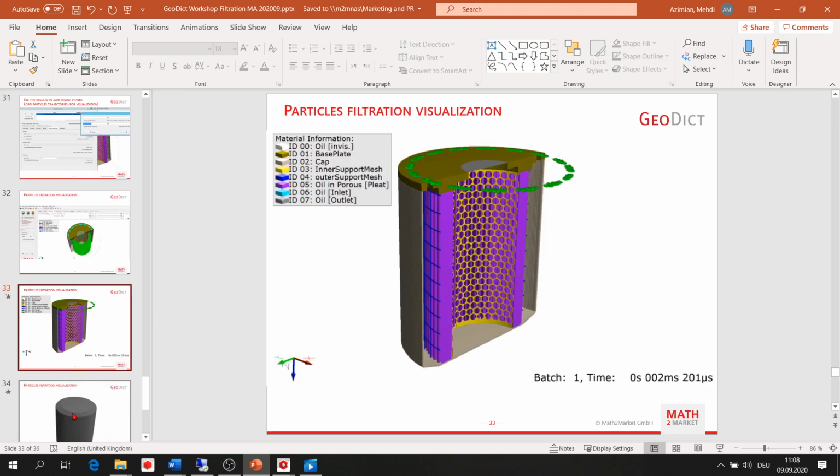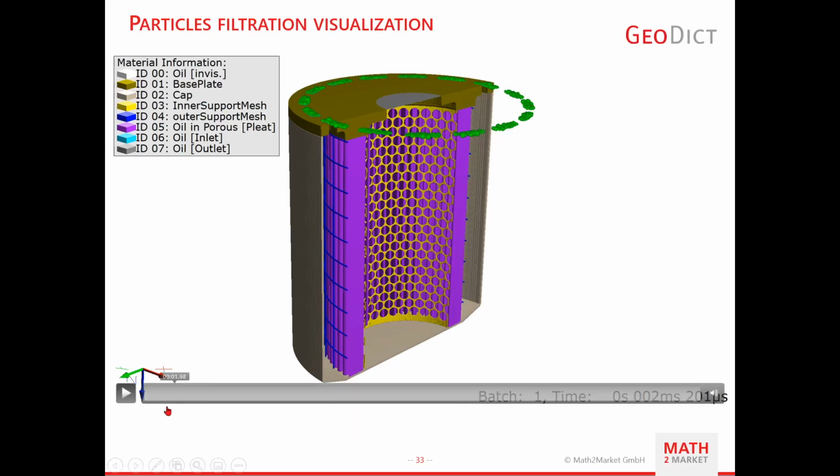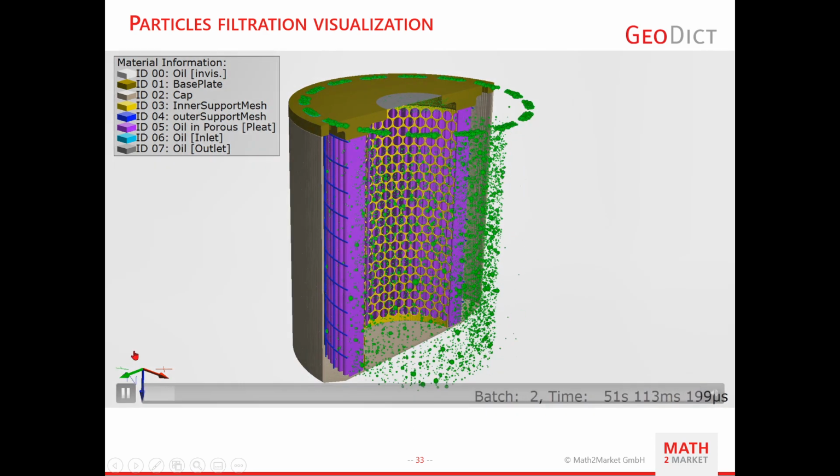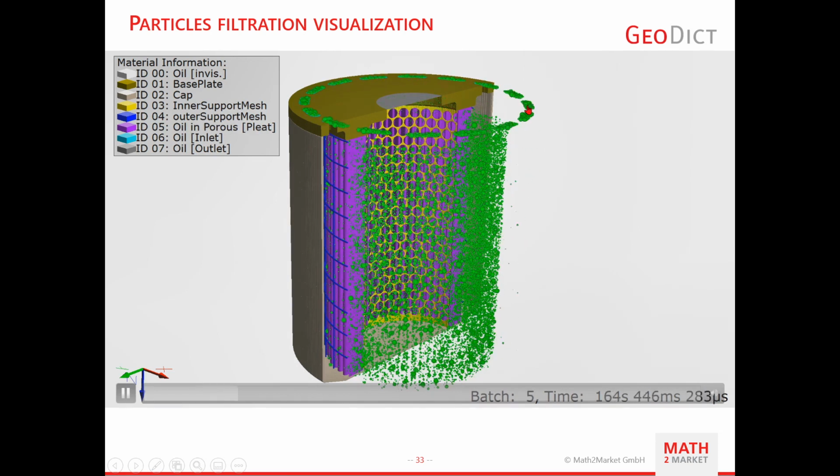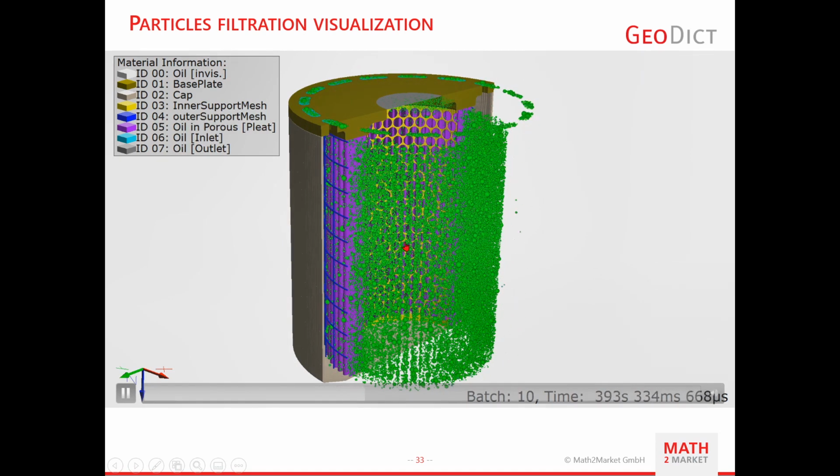You can see some animations that you can generate, like how the particles at different batches will be injected from the inlet part, and then they pass through the pleats. They will be filtered, and some smaller particles which are not filtered, they will discharge here from the outlet.